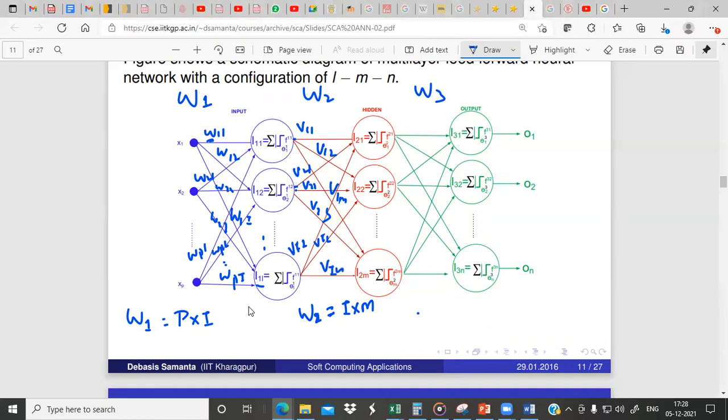Similarly, the W3 weight matrix will be of size M into N. Again, here we have to use some other variable.